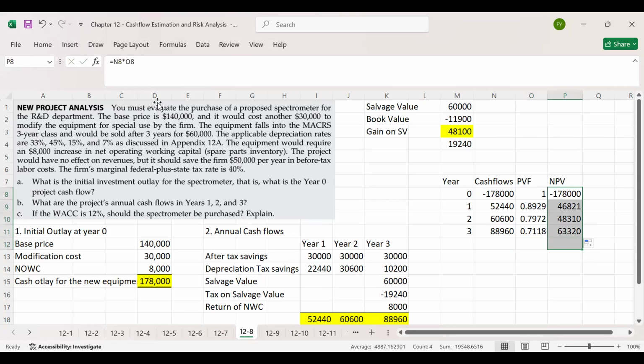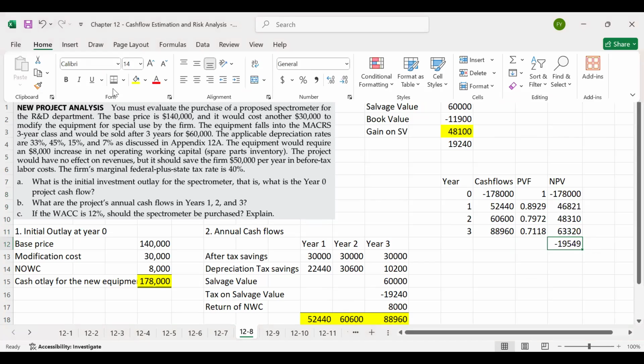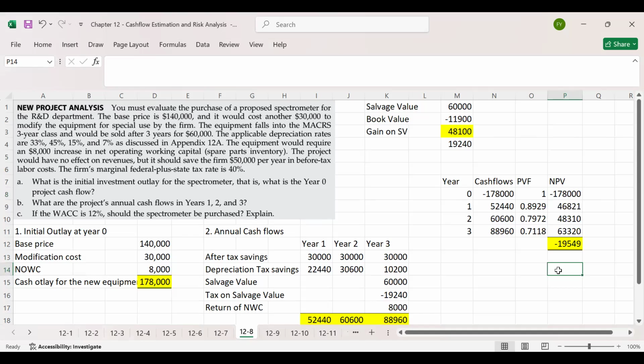And when we add them, we get net present value. So you can see net present value is negative, which is minus 19,549. The company should not purchase this equipment or spectrometer because the net present value of all the cash flows is negative, minus 19,549. So the company should not purchase this equipment.